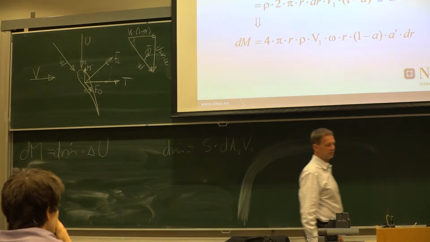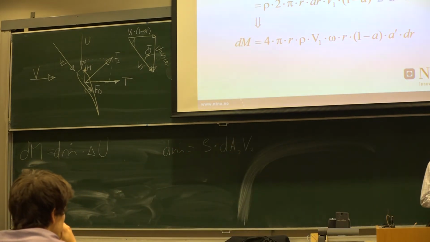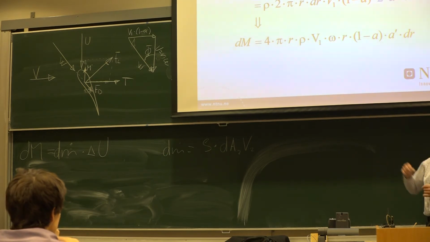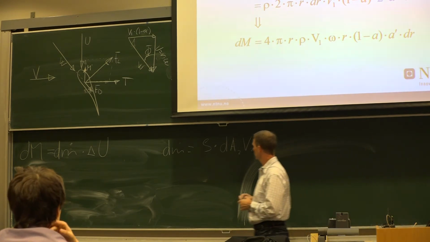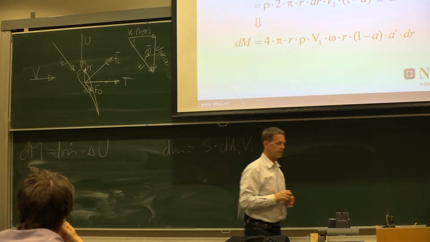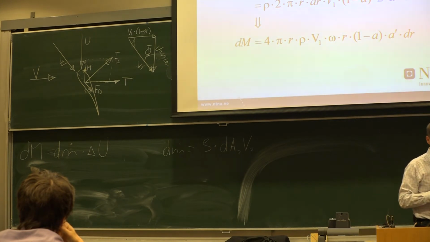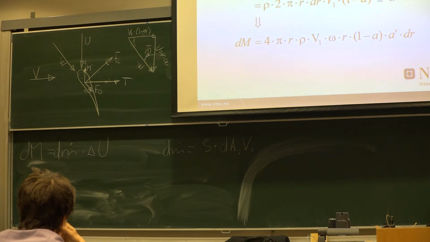And then the change of velocity, the delta U, from 1 to 3, meaning from far upstream to far downstream of the turbine. I'm sorry, I was a little bit confused about whether this was correct or not. And then we introduce the induction factor, and we get an equation for dm as a function of the velocity far upstream and the induction factor.